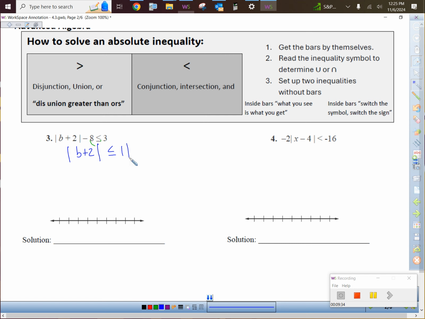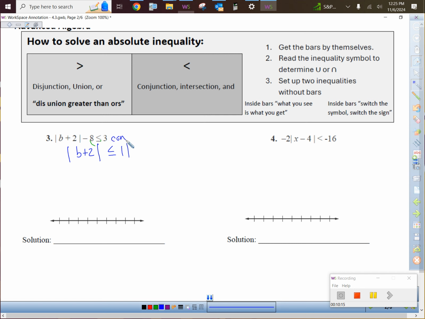You can't do disjunction greater than or until you get the bars by themselves. So you have to do it on this one. What is that symbol? Less than or greater than? So does disjunction greater than or fit? It is a less than, so it is the opposite of all of those things. What we'll learn is the opposite of a disjunction is a conjunction.